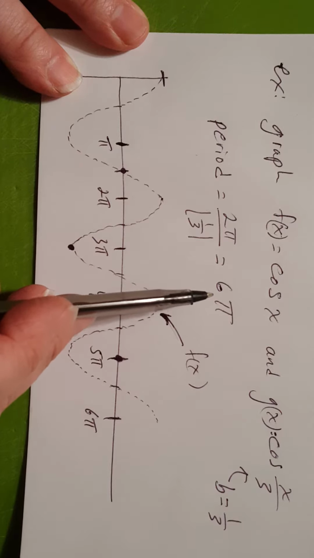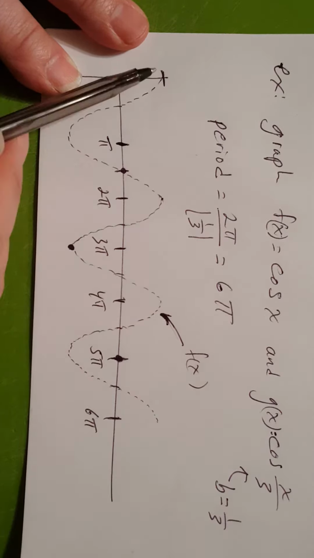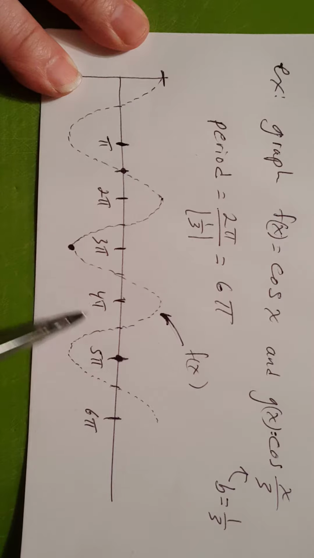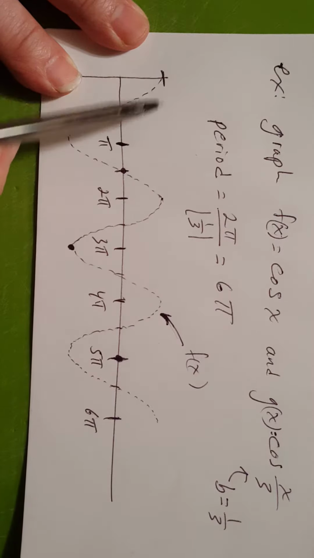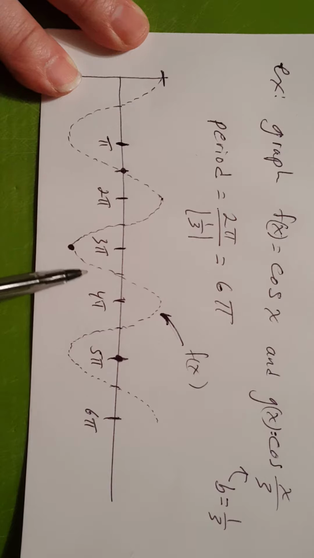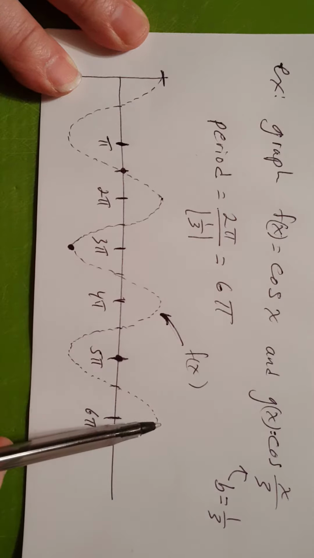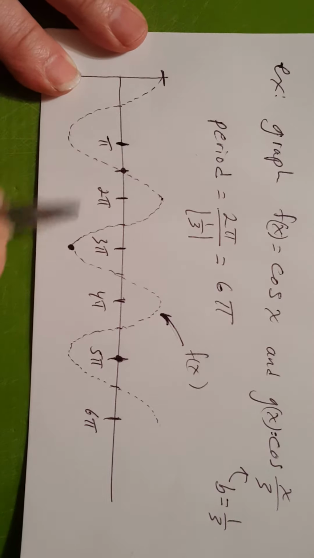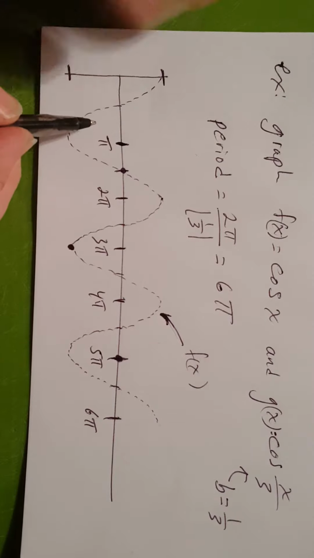In 6 pi. So doesn't that mean that we're going to have this U shape, but it's got to take up not 2 pi like it normally does, but it's got to take up 6 pi, like that. So you can imagine it's going to come down to here, go up through here, and then to here. Got to be symmetrical. So this is going to be the center, this is going to be the minimum.